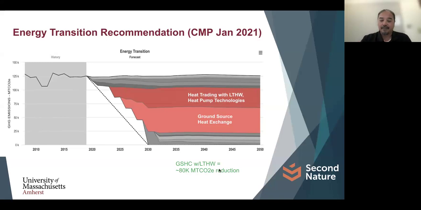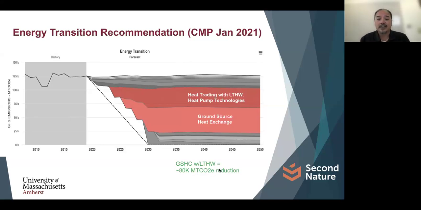But one of the lessons that was taken from this is that if we focused on ground source heat exchange coupled with heat pump technologies and low temperature hot water, that would take care of 2/3 of our overall greenhouse gas emissions footprint.